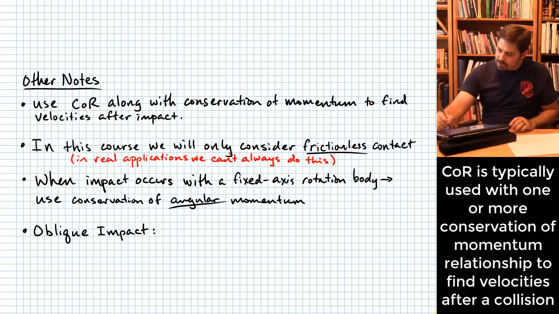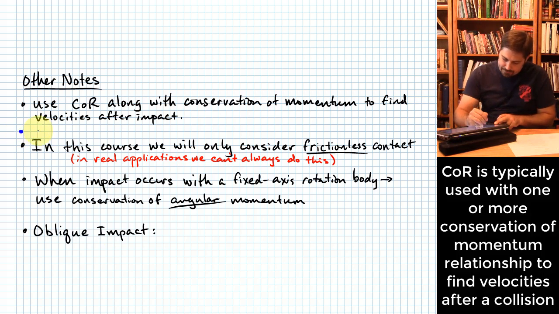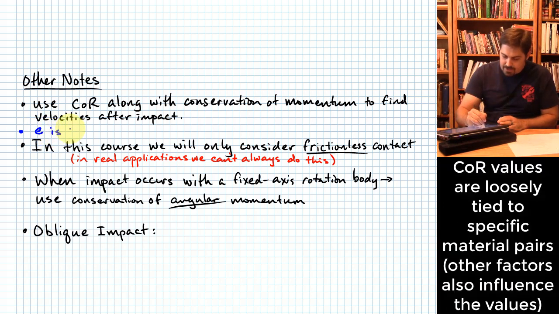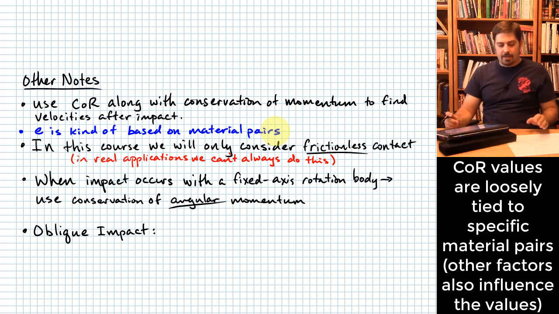One thing I remembered that I don't know that I put on here, I'll squeeze it in: your coefficient of restitution is based on material pairs. The reason I'm hedging on that a little bit is it's not a completely deterministic thing.